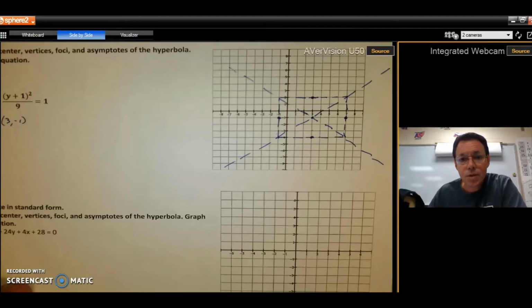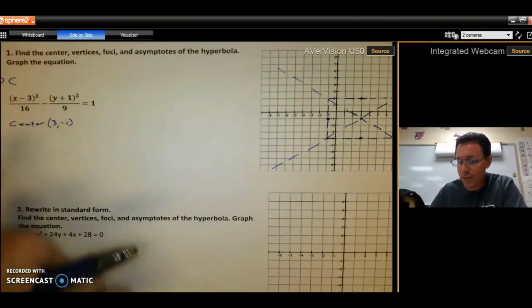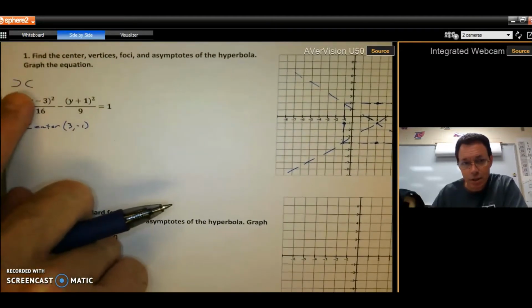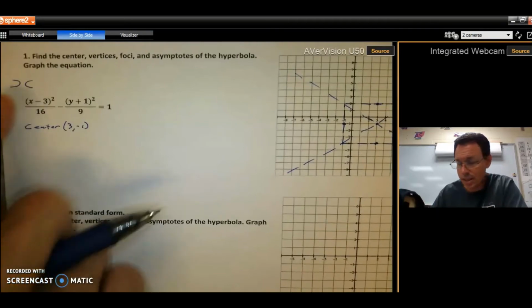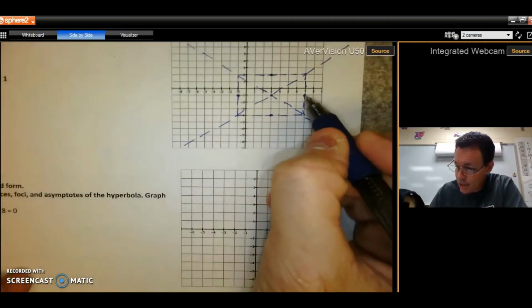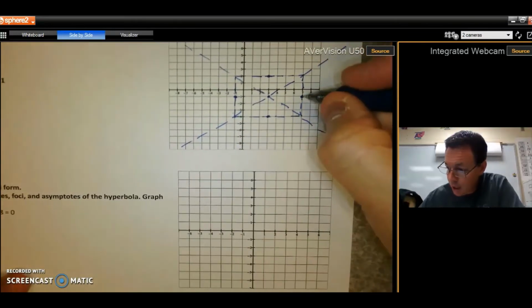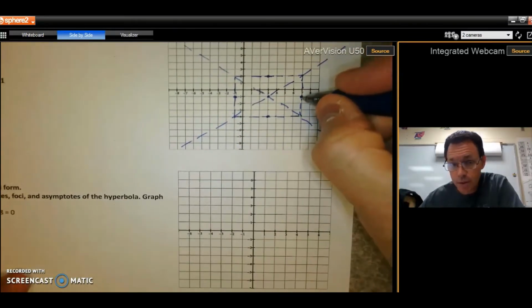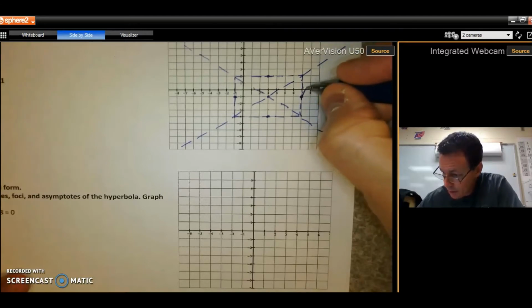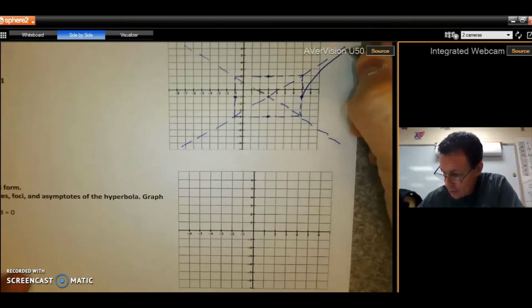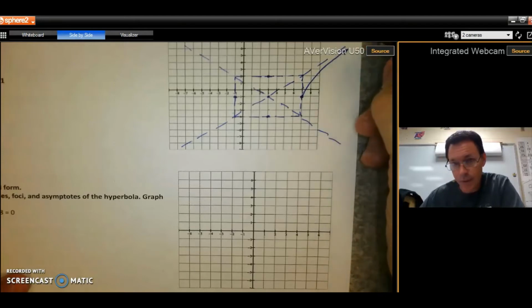Now, remember, we said from the very beginning, this is the direction that our hyperbola is going to go. It's going to go side to side, which means these 2 points, these are the vertices of our hyperbola. Our hyperbola is going to go through this point. It's going to curve up and follow that asymptote, and keep following it that way.